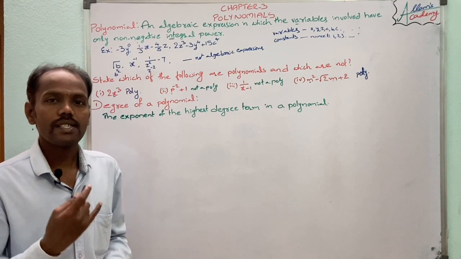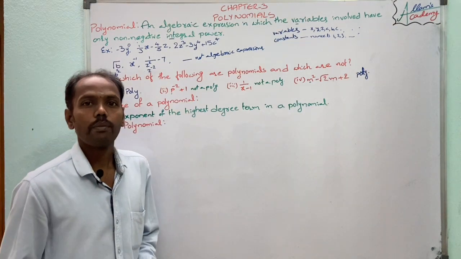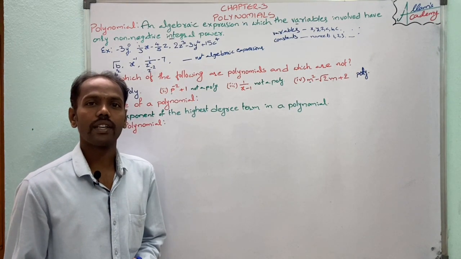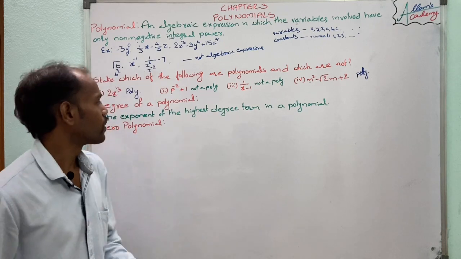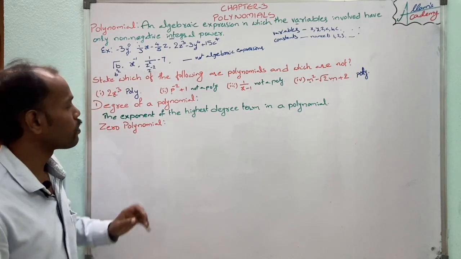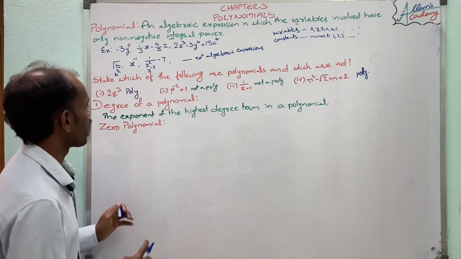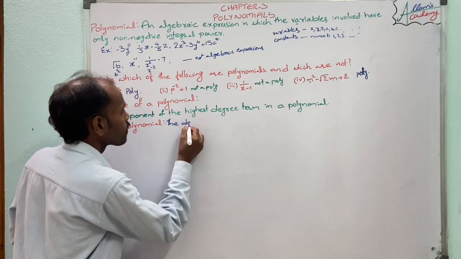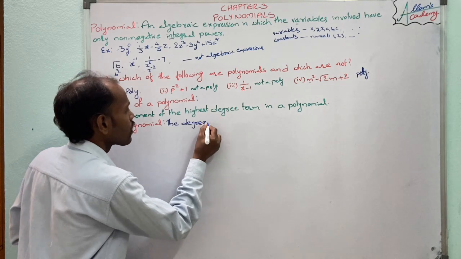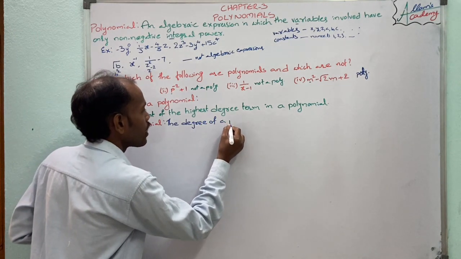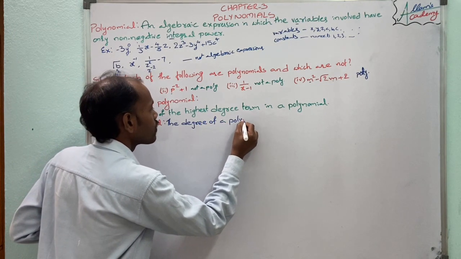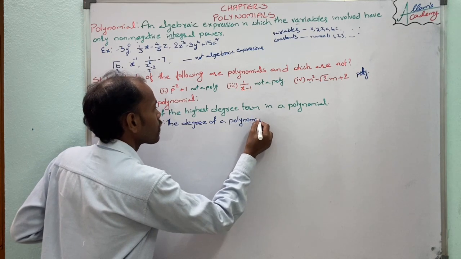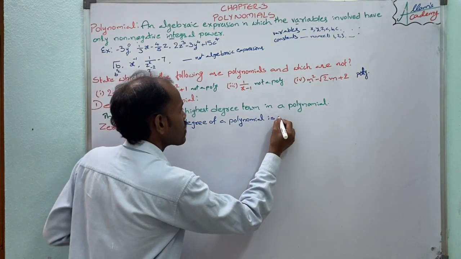Before that, before linear, quadratic and cubic polynomials, we first see the zero polynomial. Zero polynomial means the degree of a polynomial is 0.